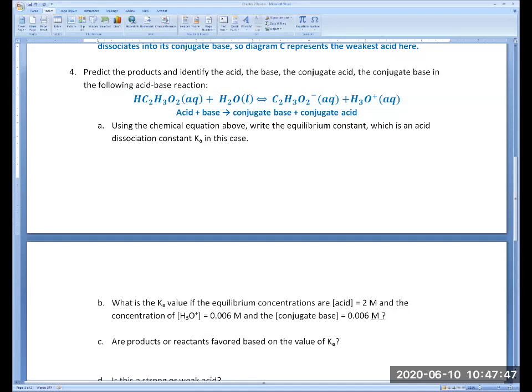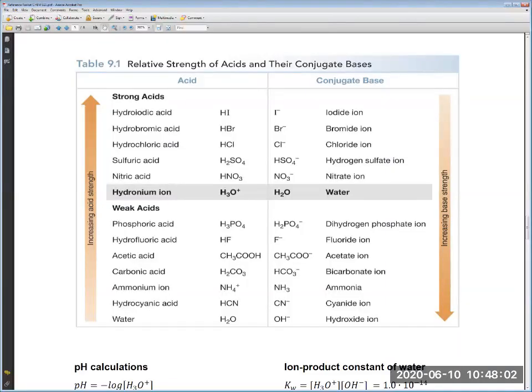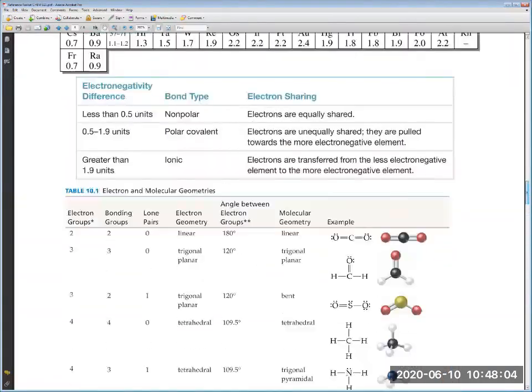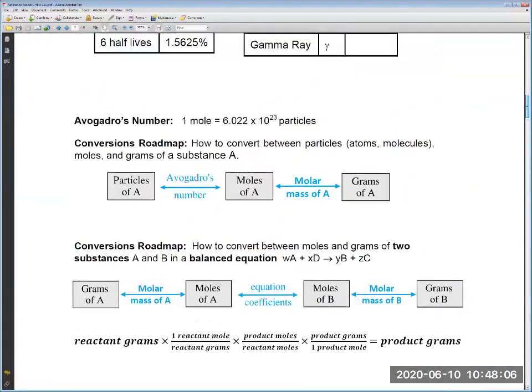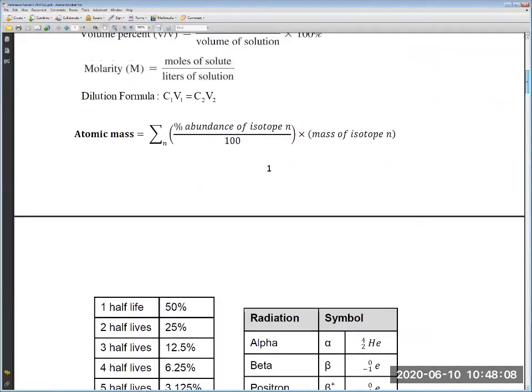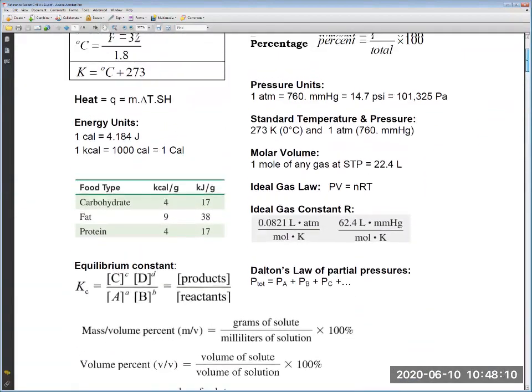Okay, so using this chemical equation now, write the equilibrium constant. And this is chapter 6 material, right? Let's look at the formula of the equilibrium constant. If you go back to your reference paper, back to page 1, the top left corner has the material for chapter 6.